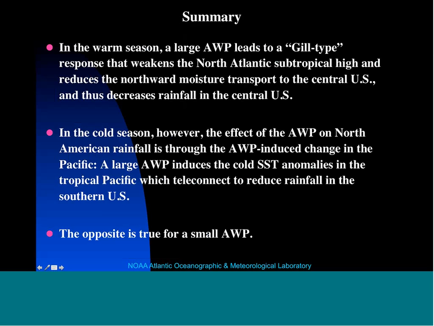The large warm pool effect is through the warm pool induced change in the Pacific. Basically, a large warm pool will induce the cold SST anomaly in the tropical Pacific, and this cold SST anomaly will induce the PNA pattern, which reduces rainfall over Southern U.S. The opposite is true for the small warm pool. So I stop here. Thank you for listening.